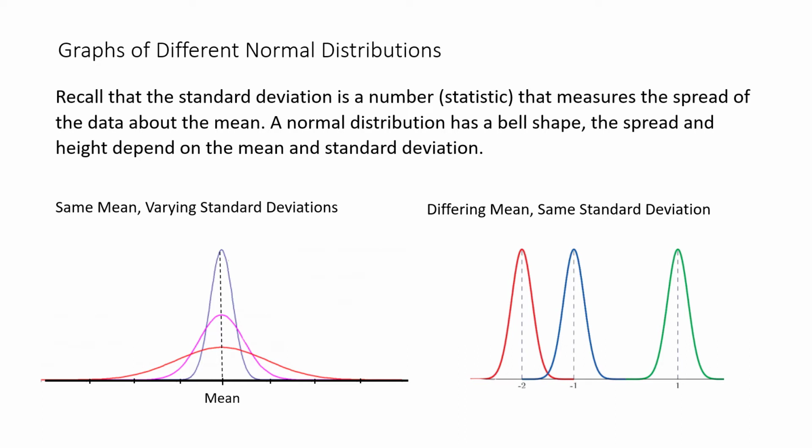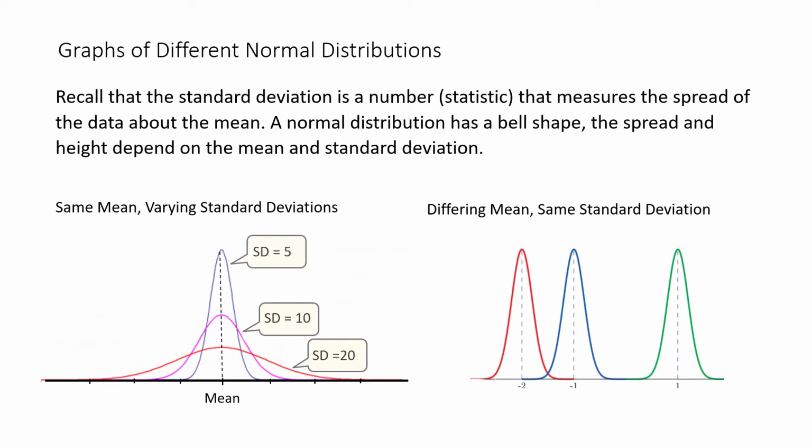They all have the same mean, but have varying standard deviations. The one in the middle has a standard deviation of 10. However, the flatter, more spread out normal distribution has a standard deviation of 20. And the one that's very tall and clustered around the center has a standard deviation of just 5.